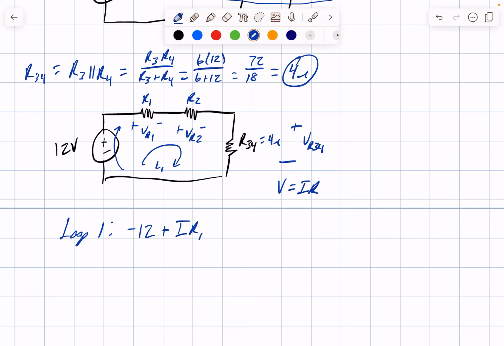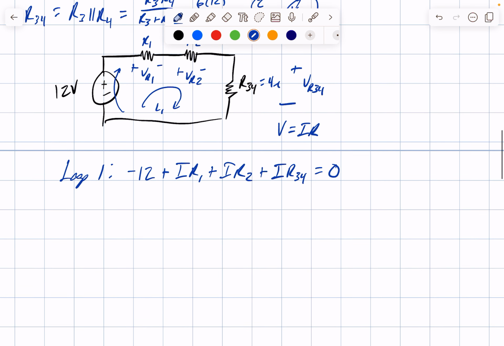We can do the same for resistor 2, which will be IR2, and also for the new resistor we made from putting R3 and R4 in parallel, which is now R34. And those will be equal to 0.